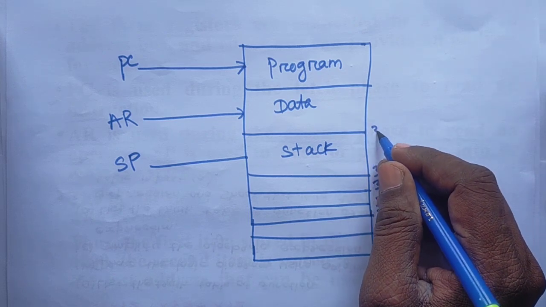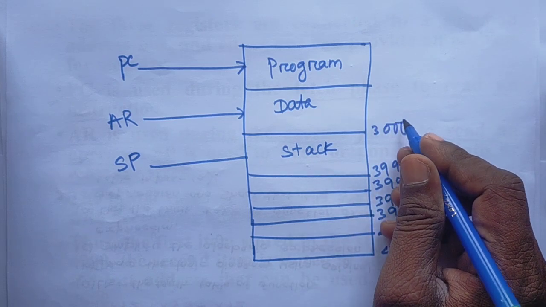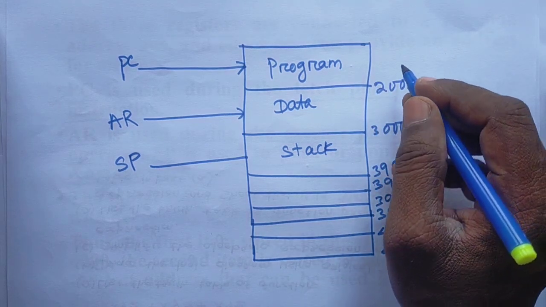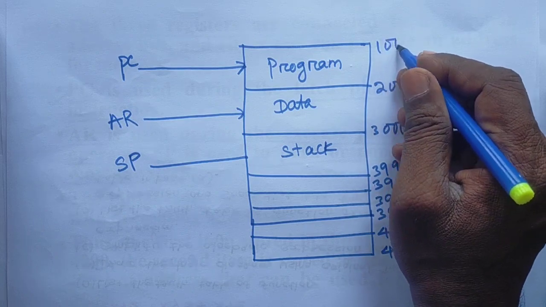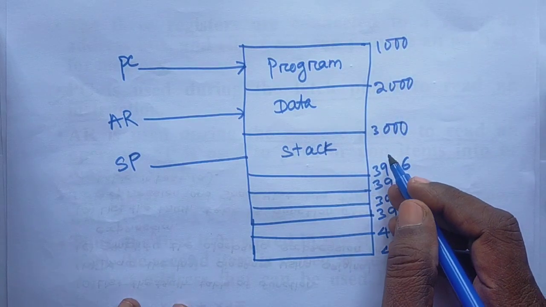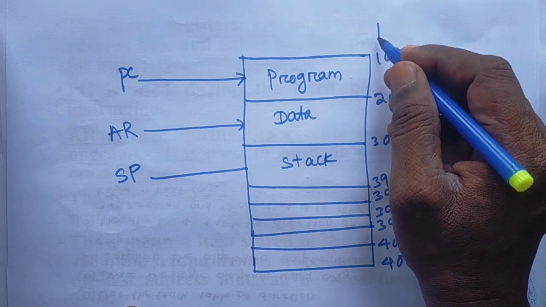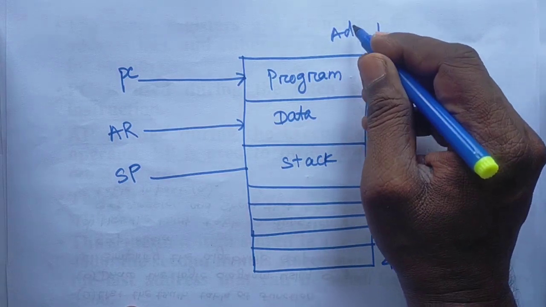Let us consider 3000, here is 2000, here is 1000. This is the address part.